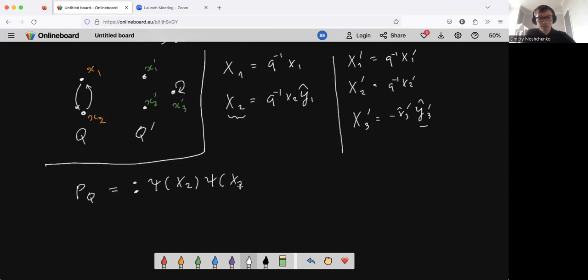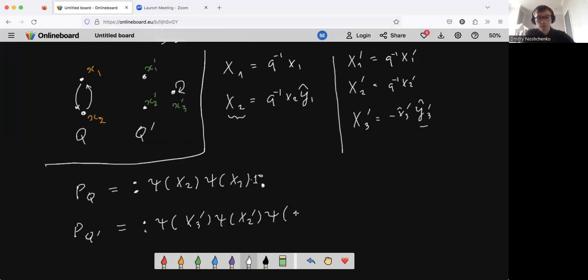So this acts on one, and then you take normal order. I mean that you act by all the operators, and you push all the hat operators to the right. And for p prime, you have similarly the same, but with primes, with x3 prime, x2 prime.